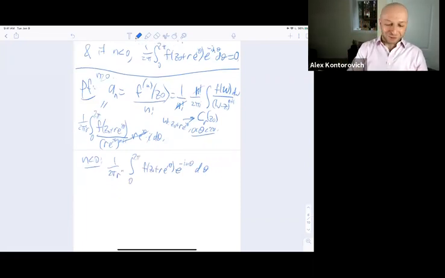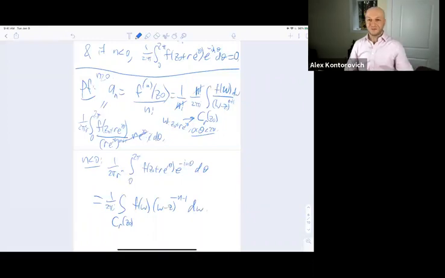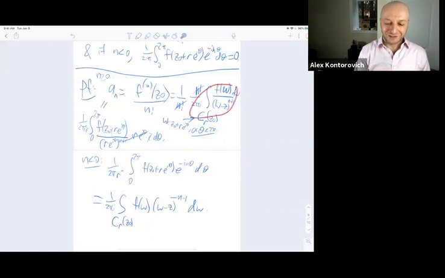But reversing the previous argument, this is exactly 1 over 2 pi i times an integral over a circle of radius r about z0, f of w, w minus z0 to the minus n minus 1, dw. Exactly how we got from here to here, it's the same thing. I guess there's no 1 over r to the n.